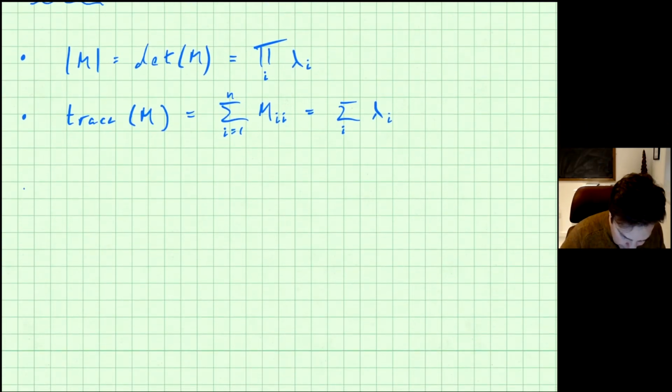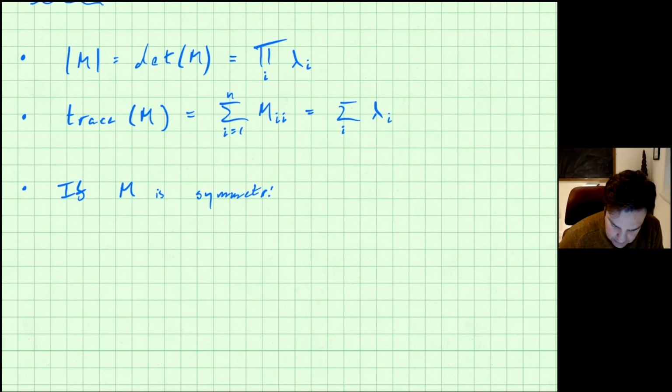Another important and useful result that we'll make use of: if a matrix M is symmetric, and you should pause the video again to ask yourself, do you know what that means? Because we introduced it last lecture. I'll just tell you that a symmetric matrix means that the matrix is equal to its transpose.